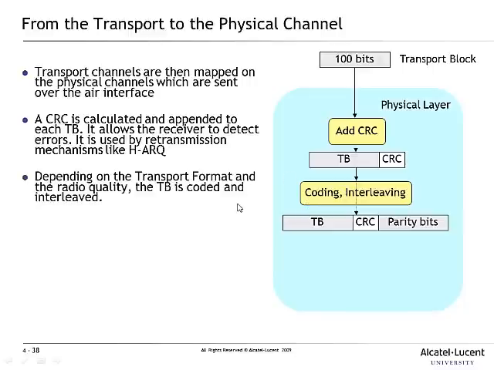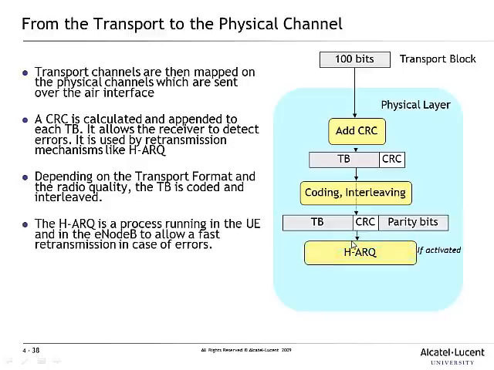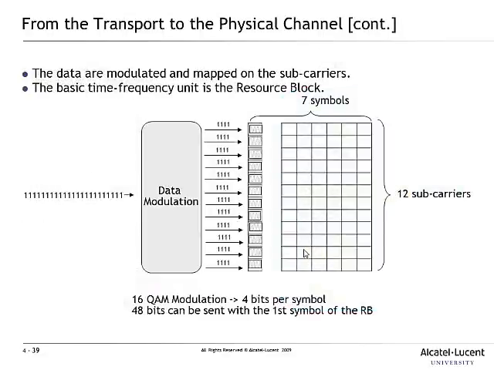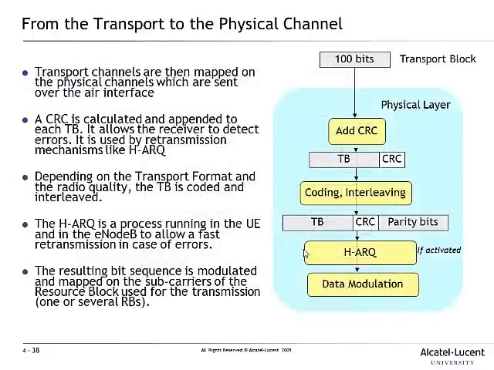Now, once you add the CRC, the next thing that you do is perform the coding function, interleaving function, and after that it goes to the HARQ process, and then you have data modulation where you modulate your data, and once your data is modulated, it needs to be put into a resource block.